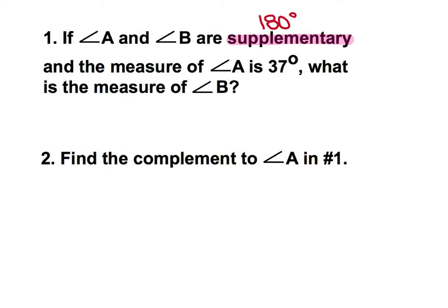Subtract it. There you go. If you want to think of it in terms of a picture, that's my straight line. And one of them, if I split it, this is 37 degrees, and we're trying to find what B is. 37 plus B has to give you 180.